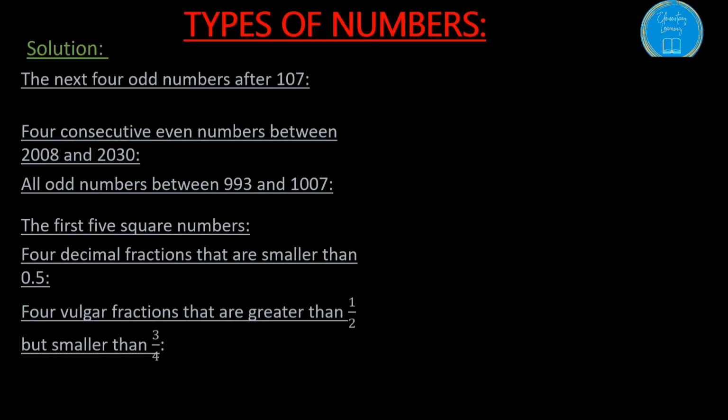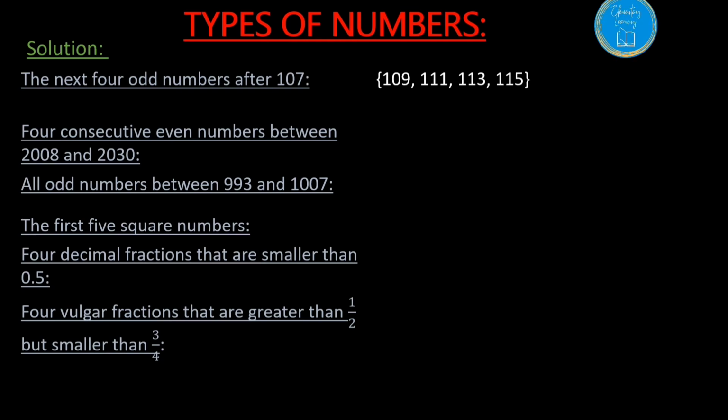So, the next 4 odd numbers that come after 107 are 109, 111, 113 and 115. 4 consecutive even numbers that come between 2008 and 2030 are 2010, 2012, 2014 and 2016.